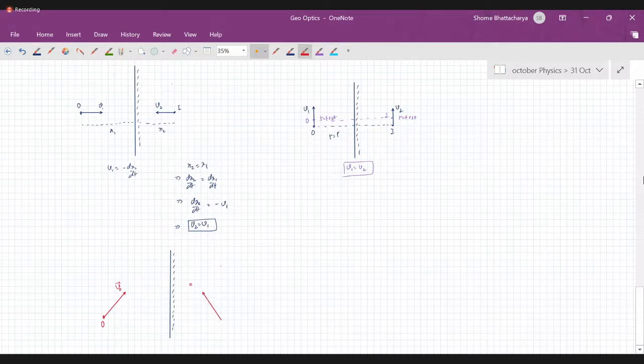So here the velocity of the image will become like this, such that the component of the velocity of the image, which is normal, is equal and opposite. Okay. So if this was 6 i cap, this is minus 6 i cap as a vector. And if this was 8 j cap, then this is plus 8 j cap.